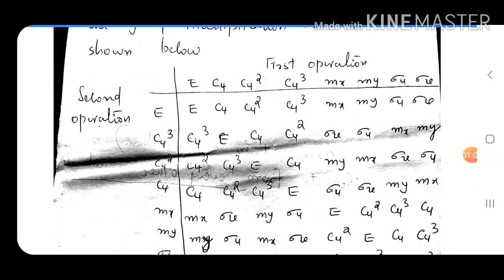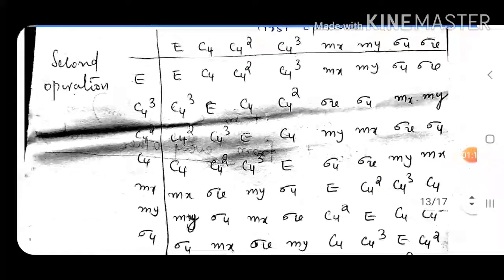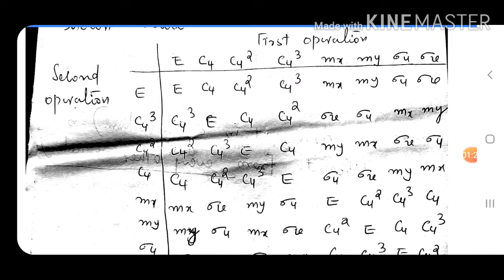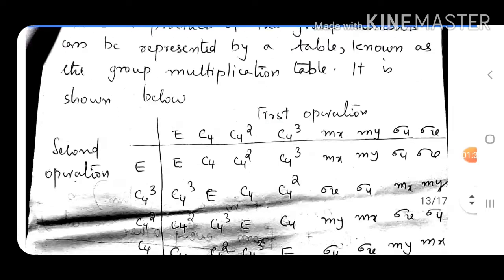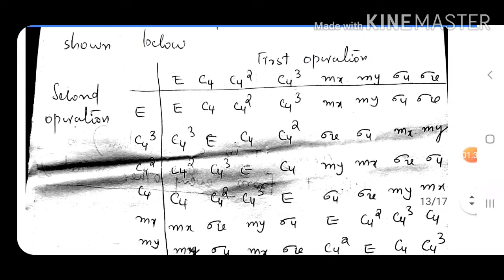We have 8 elements in our group, so we have 8 elements denoting the first operation, which is written in the row form, and the second operation that is written in the column. So the first operation is written in the row, and the second operation is written in the column. And the product of the two elements.